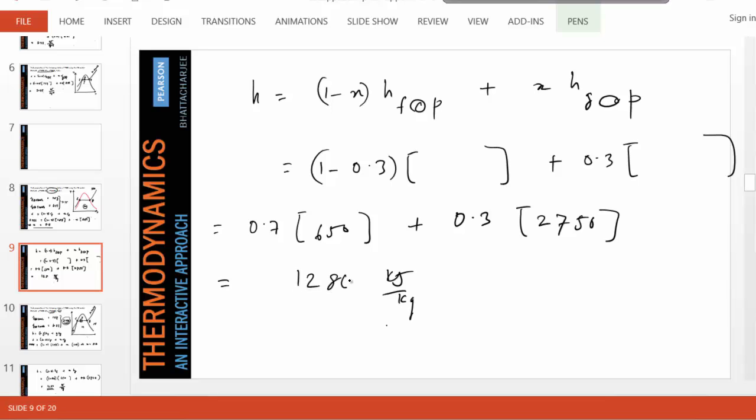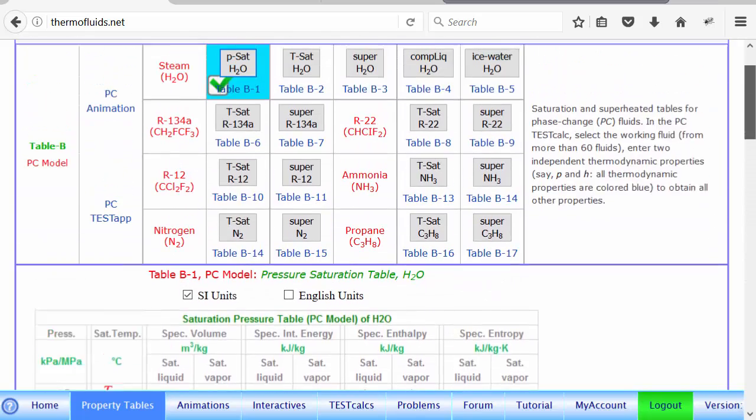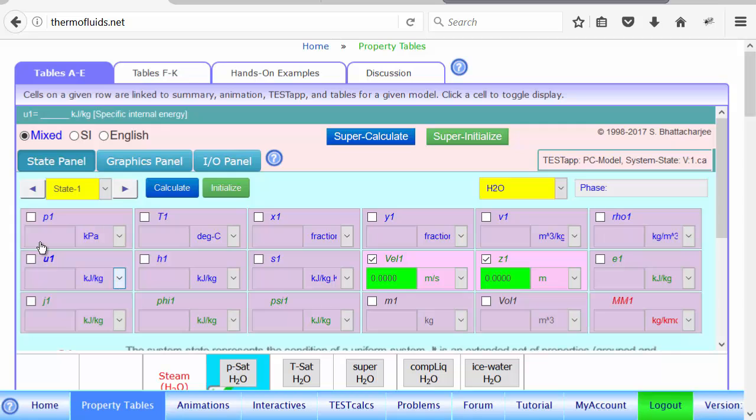All right, so let's go and see if we can verify this solution. How? We go back here, launch the TESTapp, and notice how easy it is, because the procedure for the TESTapp remains the same. We know the pressure and we know the entropy. We don't have to go through all the reasoning anymore, which is 3.35, right? That was given to us.